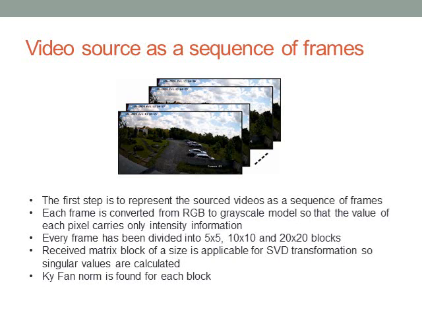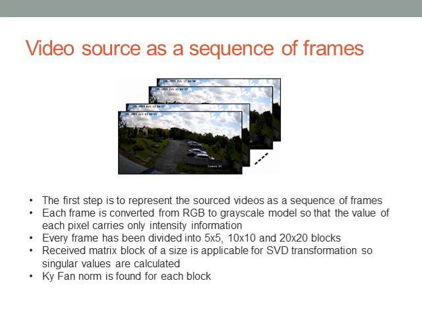Each frame is converted from RGB to the grayscale model so that the value of each pixel carries only intensity information. Problems associated with color rendering and color representation are excluded from consideration. Practically, this means that we will be working in the intensity domain. As a result, the change in illumination will affect our experiment and we will measure this change by SVD.